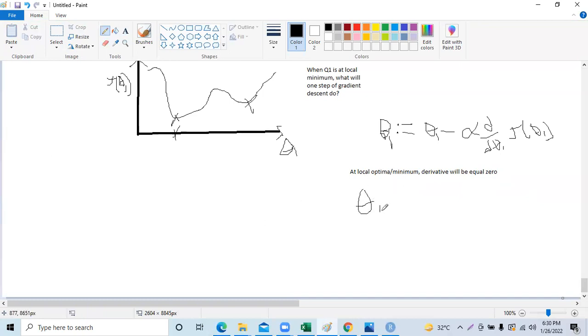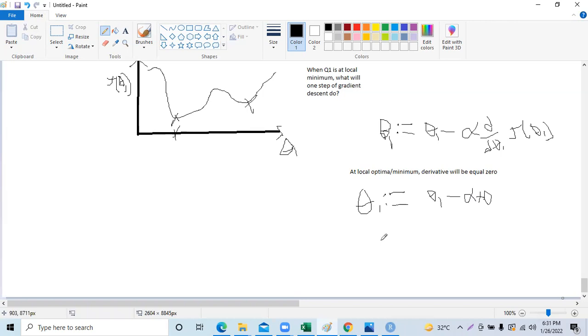So therefore, theta 1 will give us theta 1 minus learning rate alpha times 0.